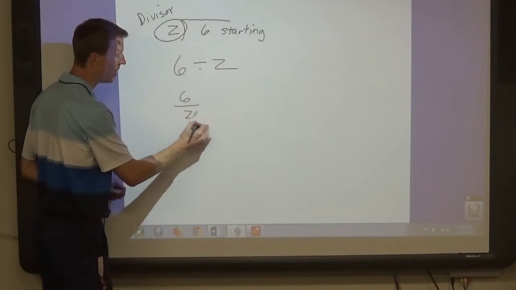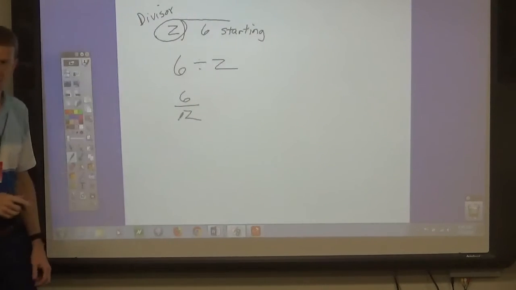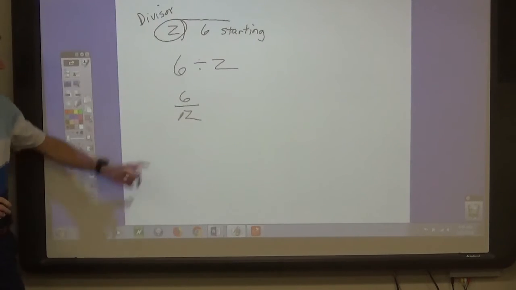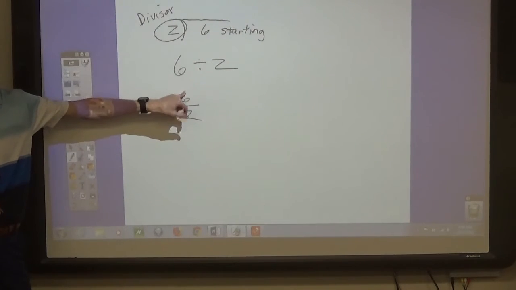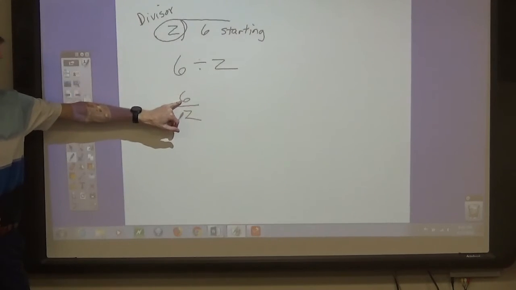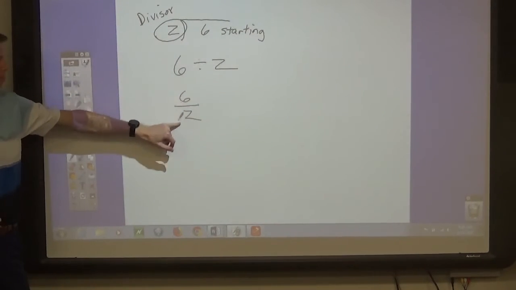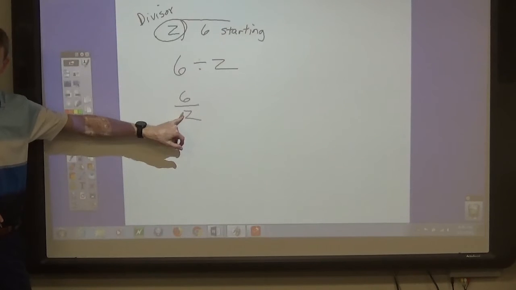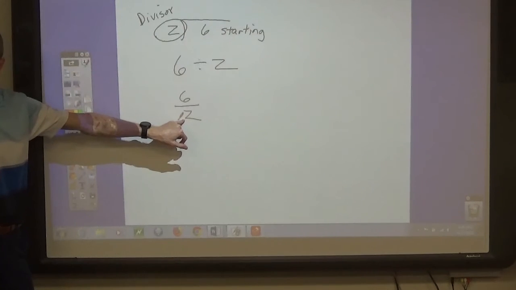Yeah, it's the fraction bar. The fraction bar means division. So this is a way to write division, and this is a way that you will see it a lot this year when we're doing pre-algebra. It is written as a fraction. This means divide the top number by the bottom number. This is the dividend. This is the divisor.